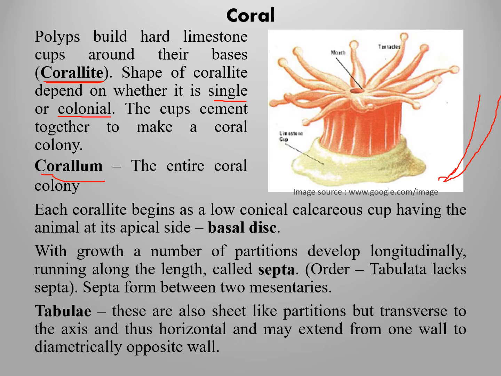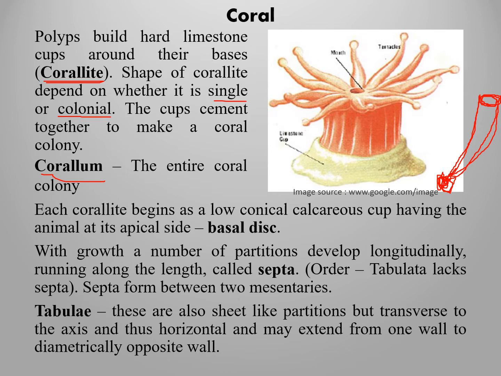This portion is basically fixed, that is the basal side, and this is the hard calcareous part, that is the coralite, and in its distal part the organism or the polyp occurs, and this entire basal calcareous part remains fixed.